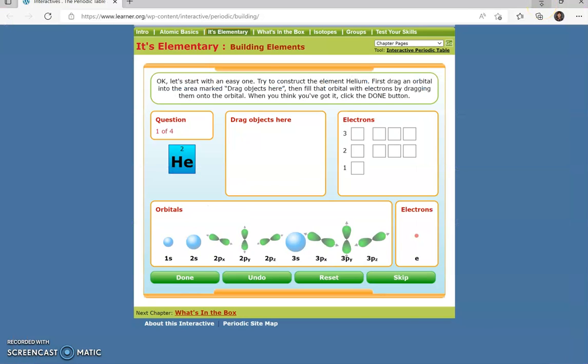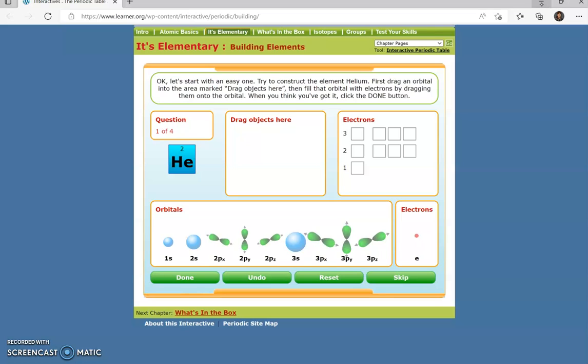And essentially what we're writing using these configurations is what that electron cloud around the nucleus looks like. Again, our most current understanding of the atom is that electrons are found in this cloud, according to Schrodinger's model, around the nucleus, and there's a probability that electrons can be found somewhere in that cloud.